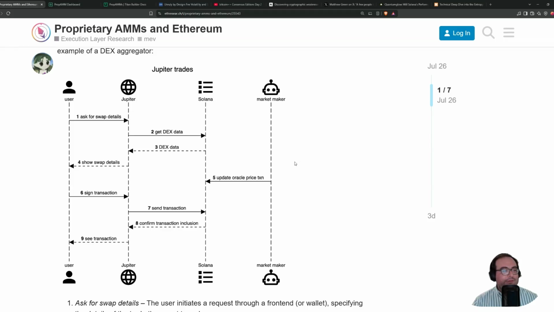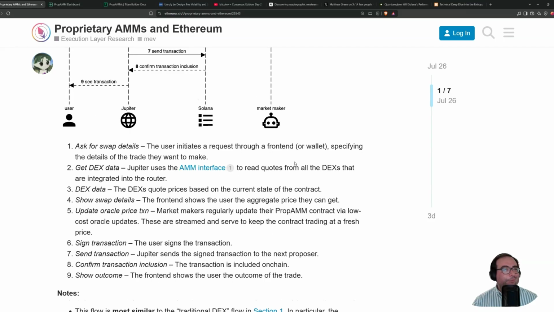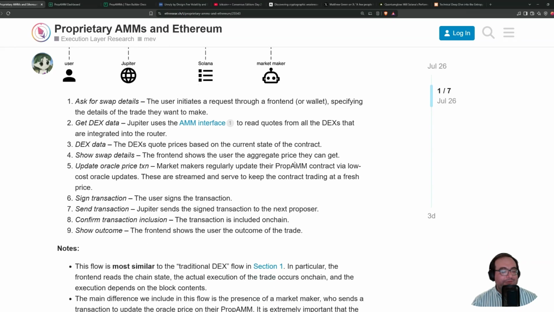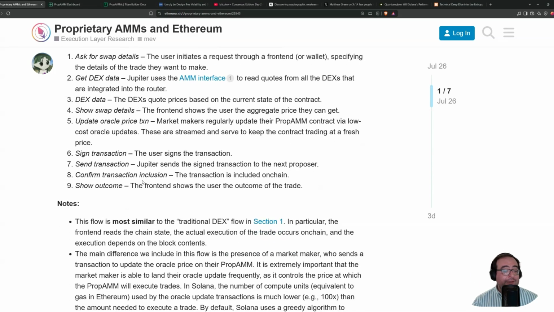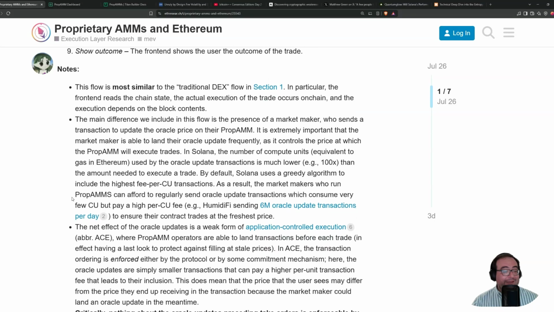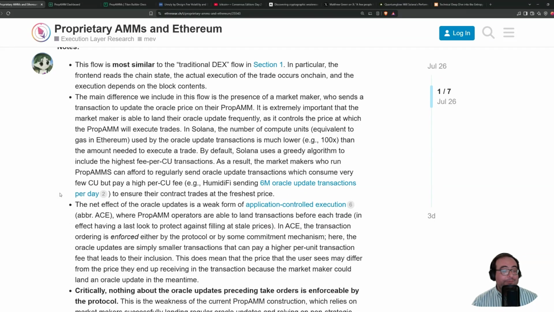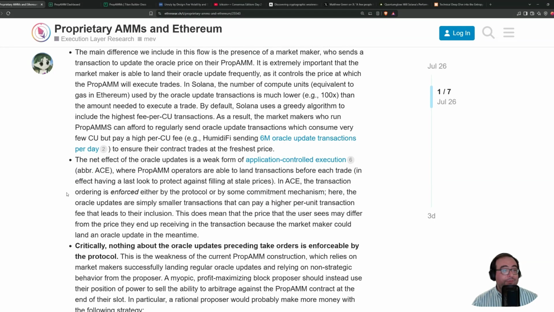On Ethereum, that's not how it works. It's more like this discrete progress, 12 seconds by 12 seconds. And that's not ideal.